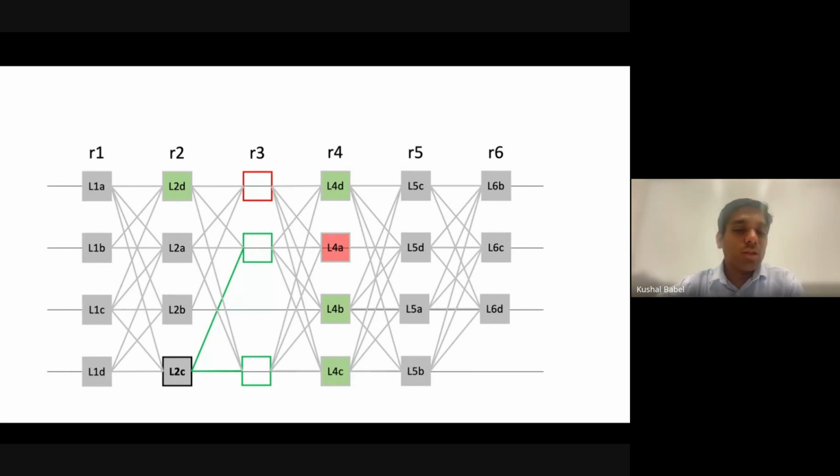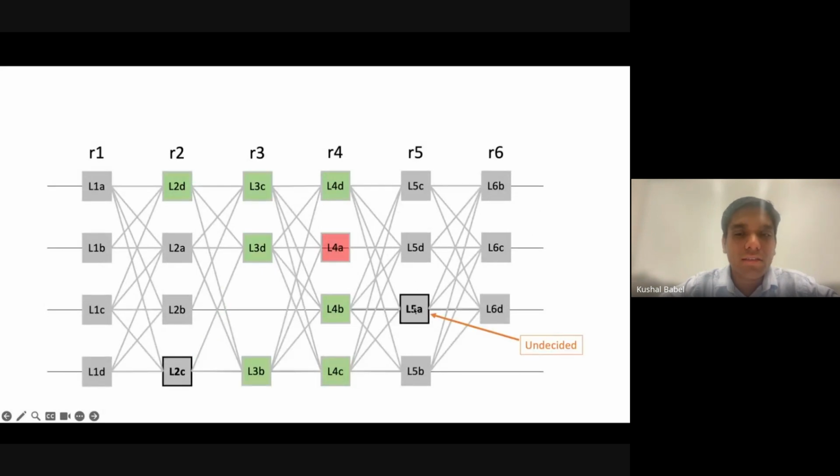So now what we have to do is go to the first block after round R+2. That is this block, L5A, for L2C, right? But we know that L5A is undecided. This block can in future be directly committed or skipped or whatever.